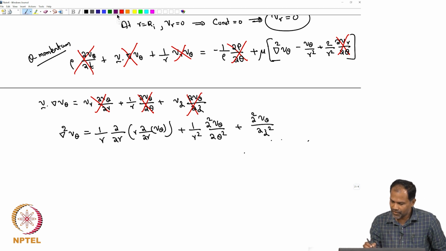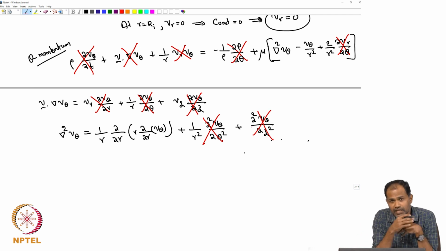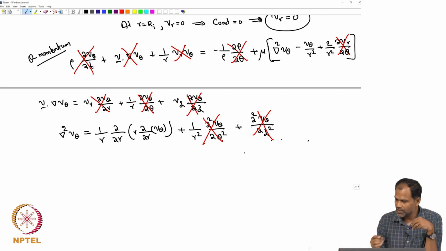So, by definition these two quantities are 0 because we have assumed that del by del theta and del by del z are 0. So, only that first term remains.